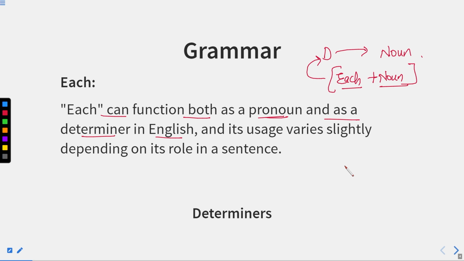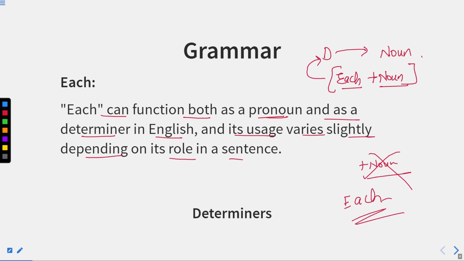But if the word each replaces a noun and there is no noun after it, in fact it comes in its place, that means it is a pronoun. How? We'll discuss it thoroughly. And its usage varies slightly depending on its role in a sentence.